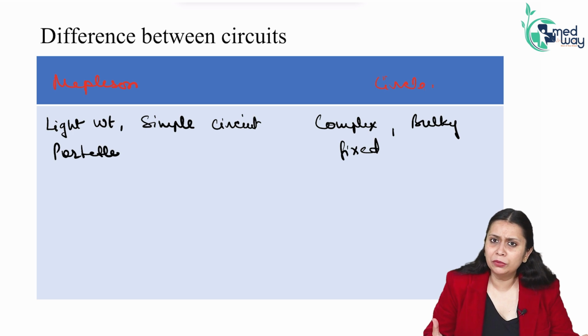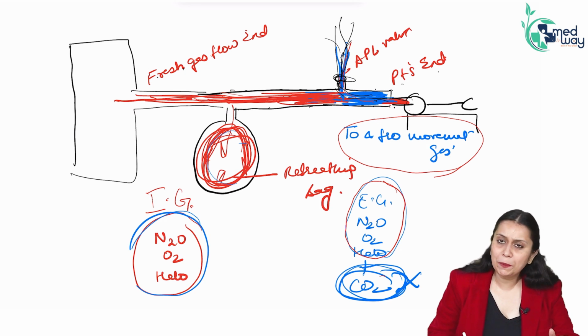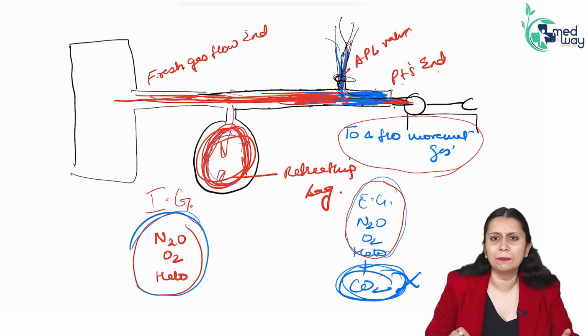Now, apart from this, another benefit of Mapleson circuit. In Mapleson circuit, the expiratory gases are moving out of the APL valve completely, and every time the fresh inspiratory gases are going to the patient. So you know exactly what gas the patient is inspiring and what the constituents of that gas are.